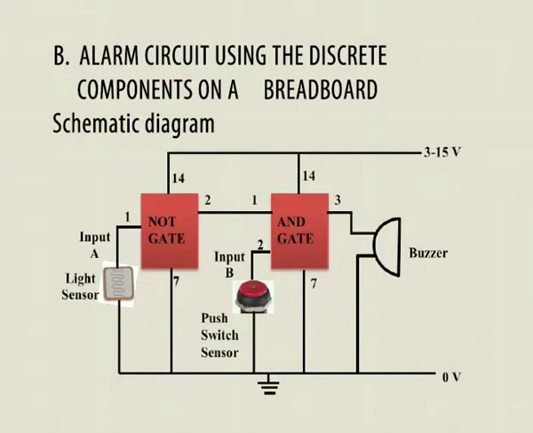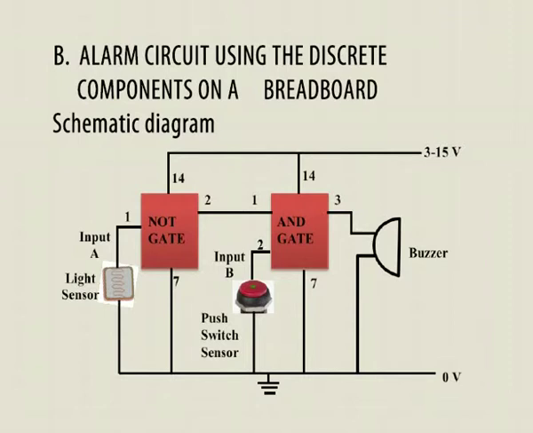We also ground pin 7 of the AND gate. Then we connect one terminal of the buzzer to pin 3 of the AND gate and ground the second terminal of the buzzer.